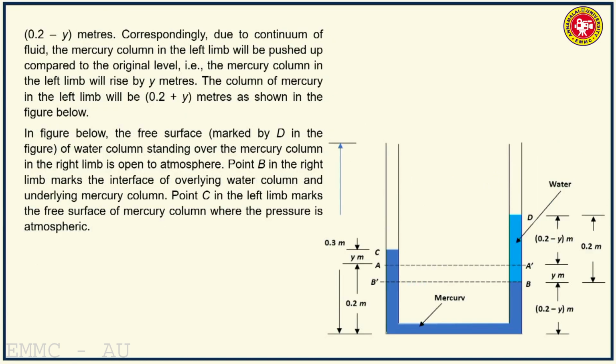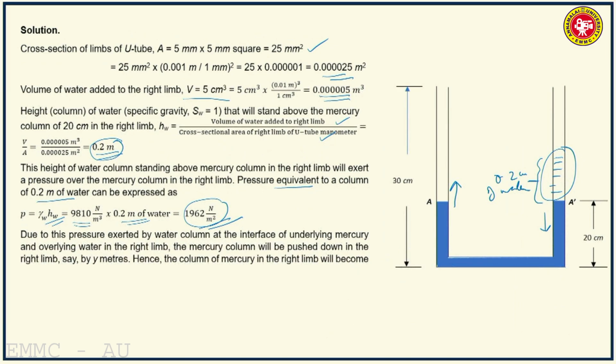So what happened, instead of 20, the mercury goes down by y, so this becomes 0.2 meter minus y here, and here it becomes 0.2 meter plus y correspondingly in the left limb.